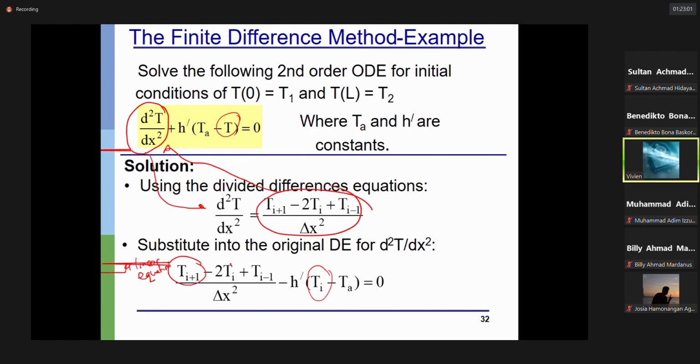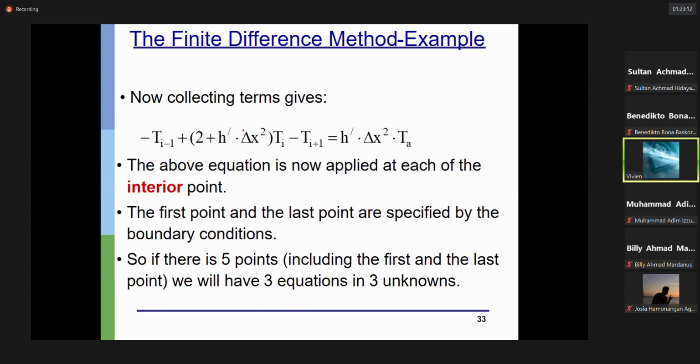We have T i plus 1 and T i minus 1, and all the constants can be moved to the right-hand side. So we have T i minus 1, we have T i, we collect together the coefficient, and we have T i plus 1, and all of the constant values will be the right-hand side.